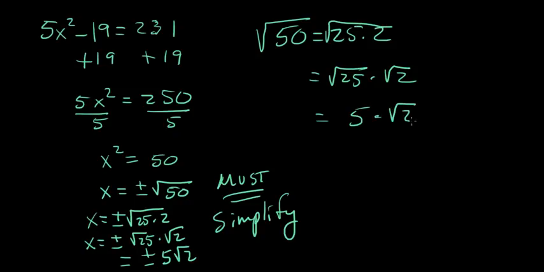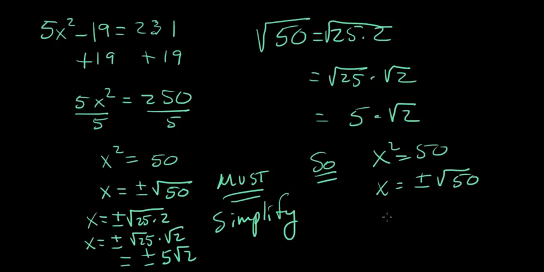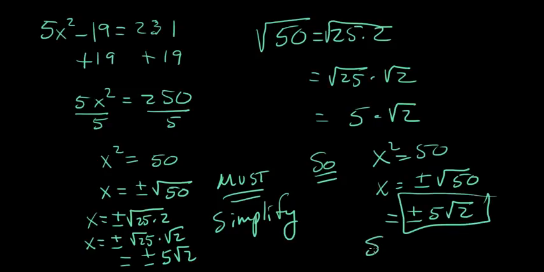So x squared equals 50, x equals plus or minus the square root of 50, which equals plus or minus 5 times the square root of 2. This is a simplified answer, and you need to simplify.